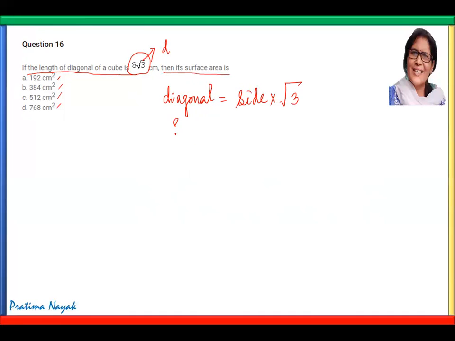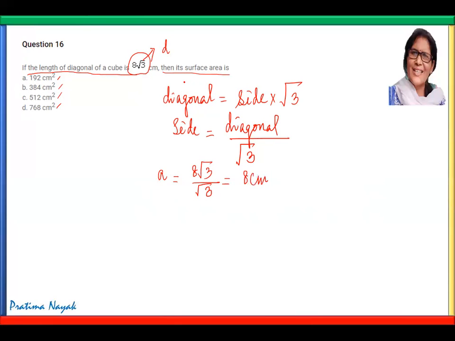So from this, if I want to separate side, it will be diagonal divided by root 3. So now find the side. Side is denoted by a. It will be 8 root 3 by root 3. How much is it? It will be 8.